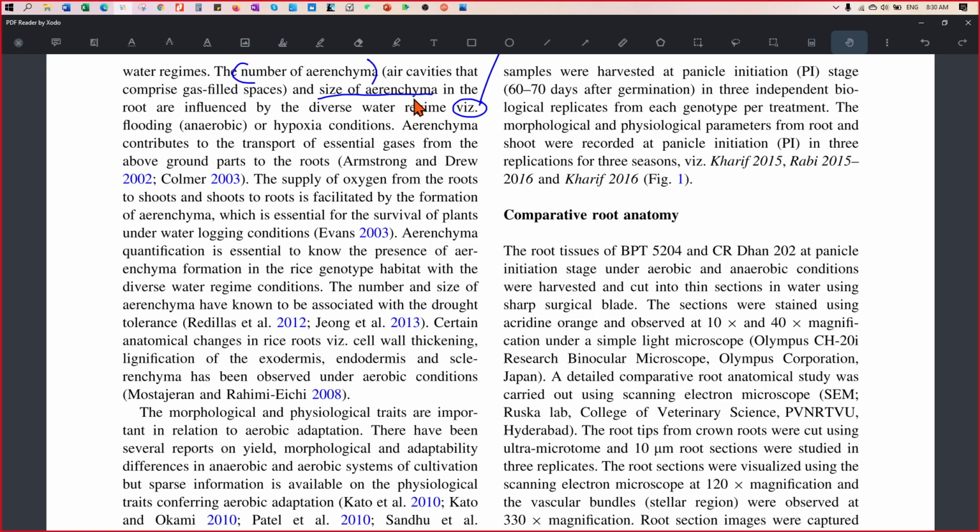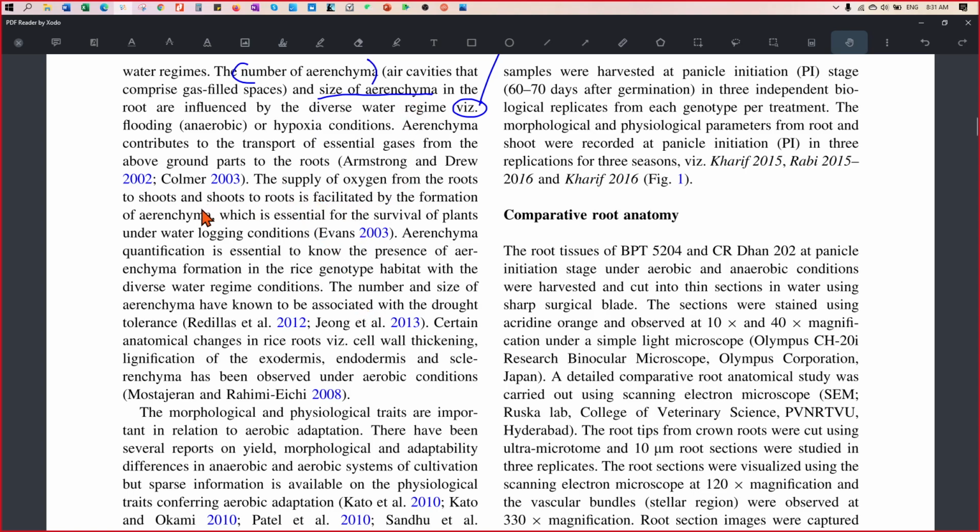So even though the roots live completely in a flooding condition, as long as the roots have parenchyma, the gas can come from the top part, the shoot part, and then come down and nourish the underground rooting network.